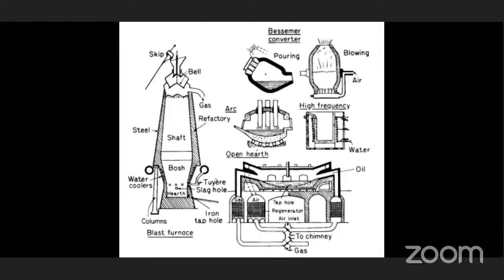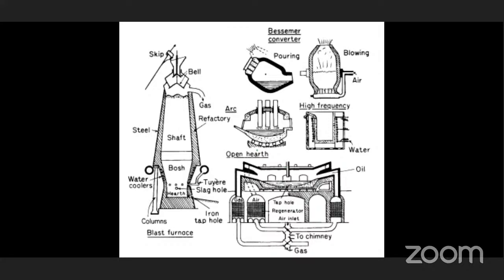By oxidation. The impurities and carbon are removed by blowing air through the molten pig iron. The process commences by rotating. So what happens? The converter gets rotated.